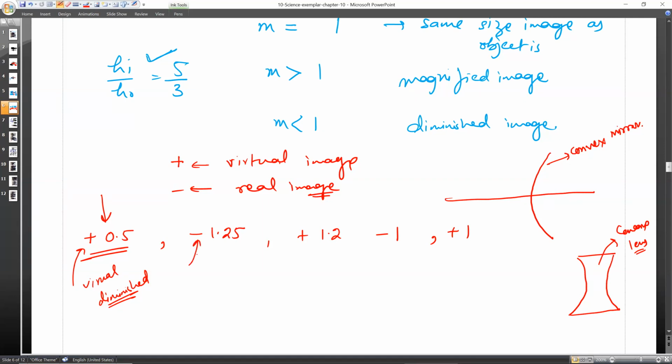Because a virtual image is formed by a plane mirror also. First come to this point here. I'm just going to ask you one thing.